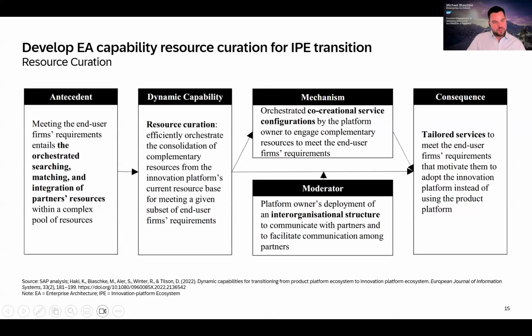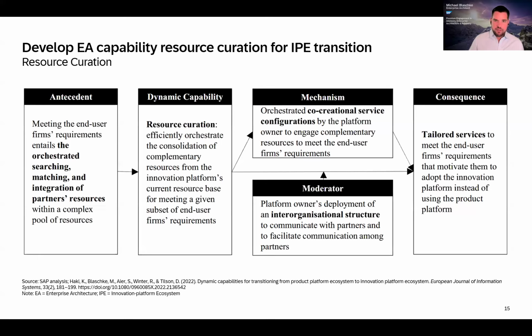So maybe I'm gonna guide you through this process once so you get an understanding on how to read these EA capabilities. And let's do it at the example of resource curation. So my call is develop an EA capability called resource curation for IPE transition.